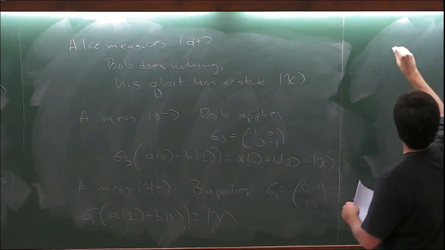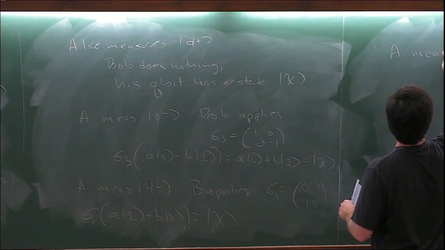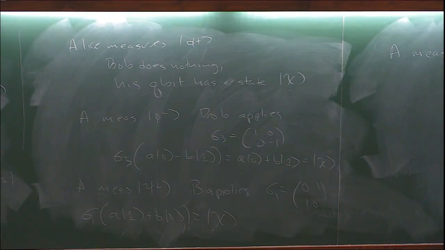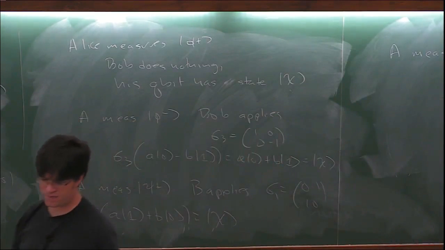And finally, if Alice measures psi minus, Bob applies sigma 2, which is (0, -i; i, 0), and sigma 2 acting on a1 minus b0 is equal to i times chi. So they've agreed on this protocol in advance.